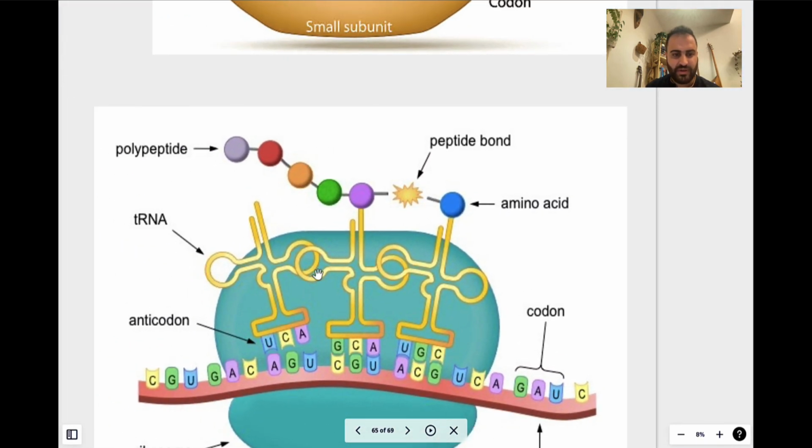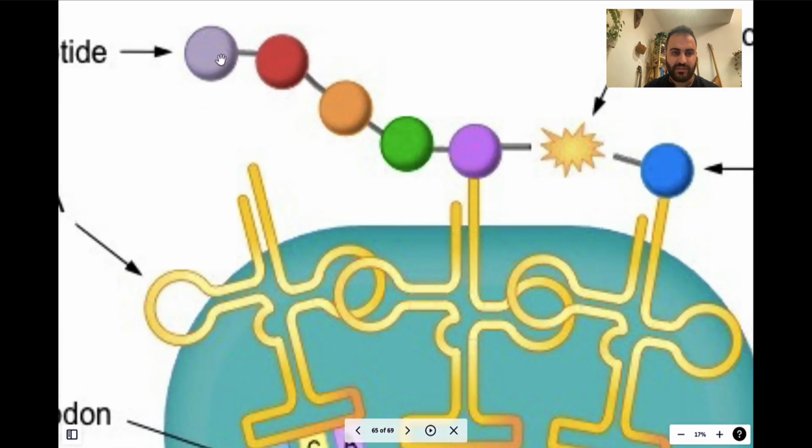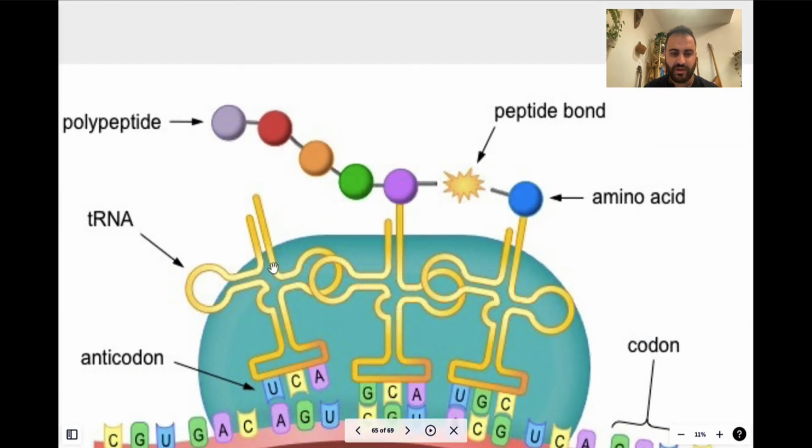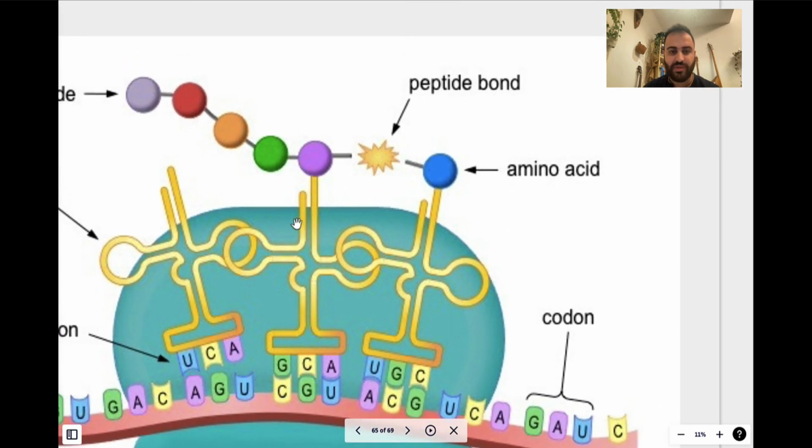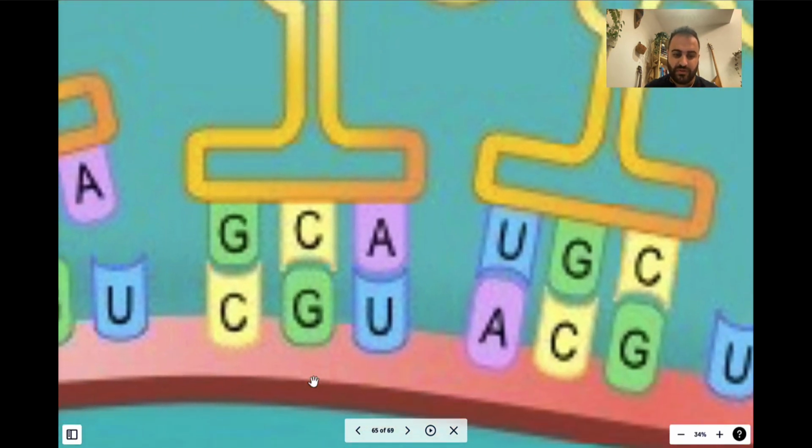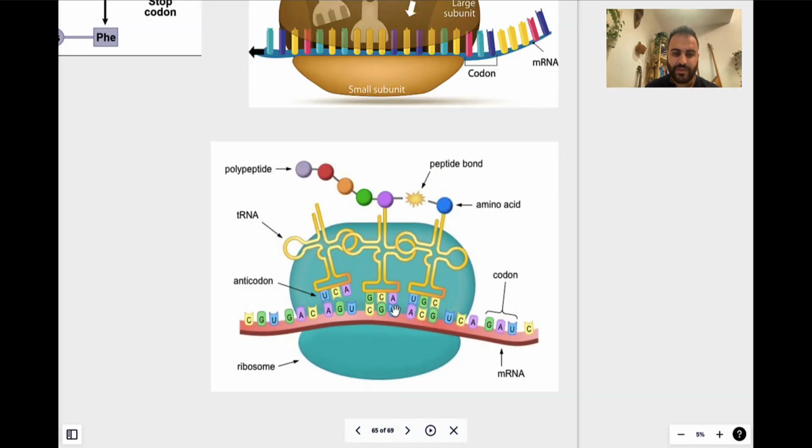So look here. This is 1, 2, 3 amino acids can bind at one time in a ribosome. Okay? So this tRNA already put its amino acid, and it's going to leave. A new one will come here bringing another amino acid based on the codon. So this is CGU. So what is the name of this amino acid?